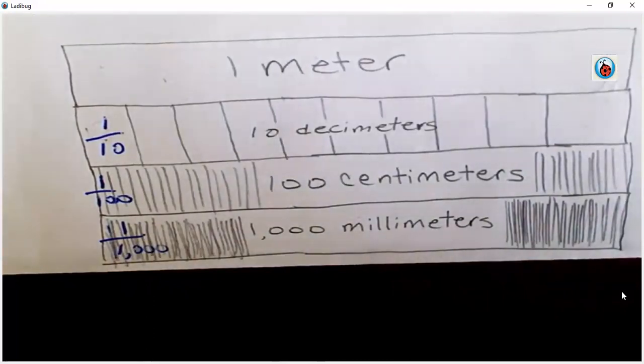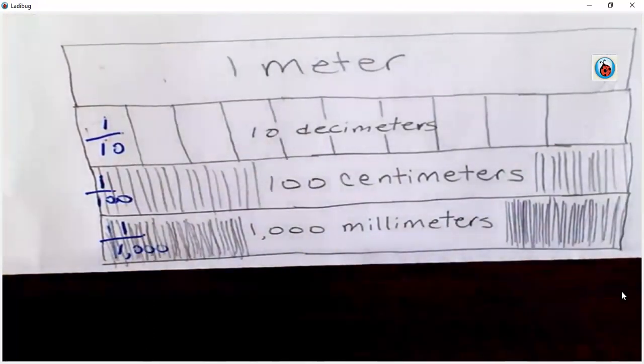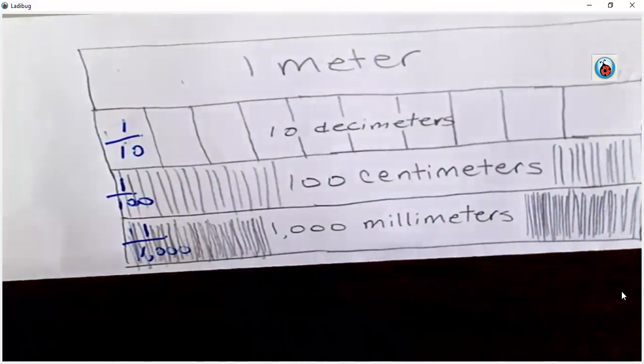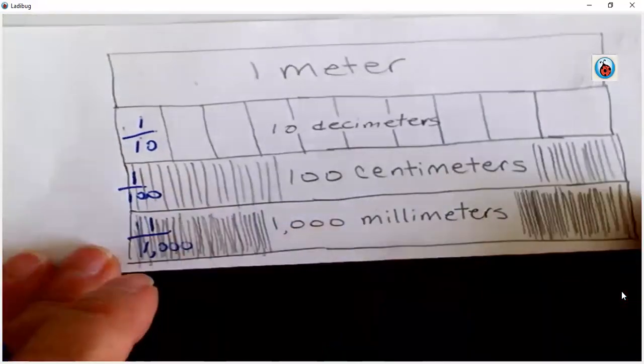But what you'll find in the metric system is that there are a lot of prefixes that will hold true whether you're talking about metric units of length, weight, or liquid volume. So as we go through these, I think you'll be more familiar and understand the terms a little bit better.